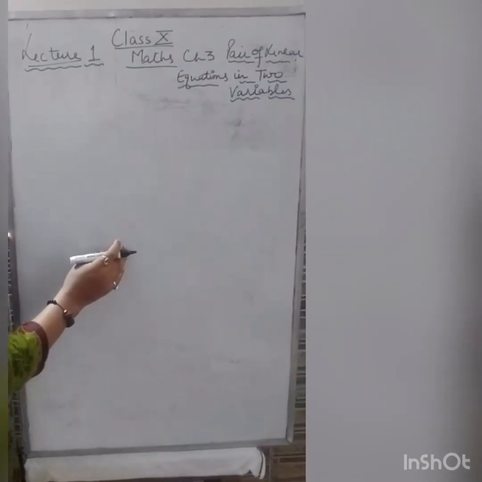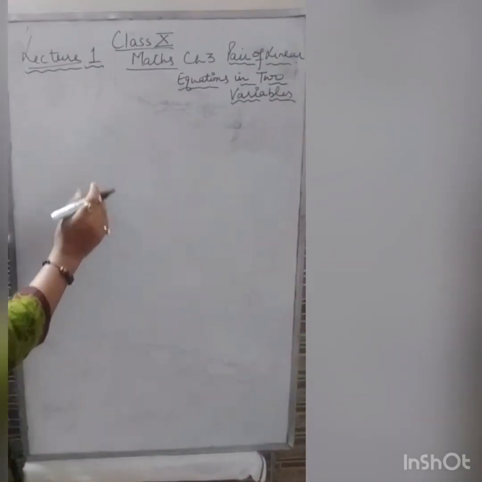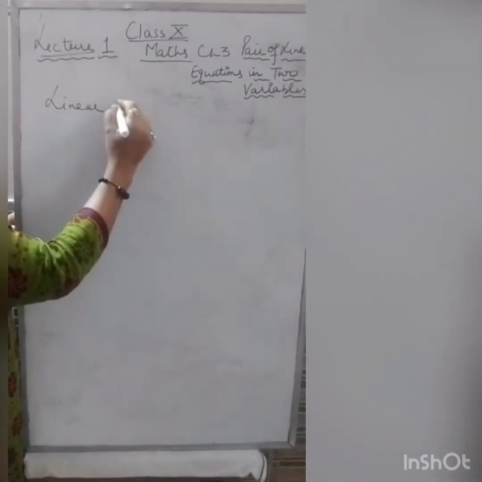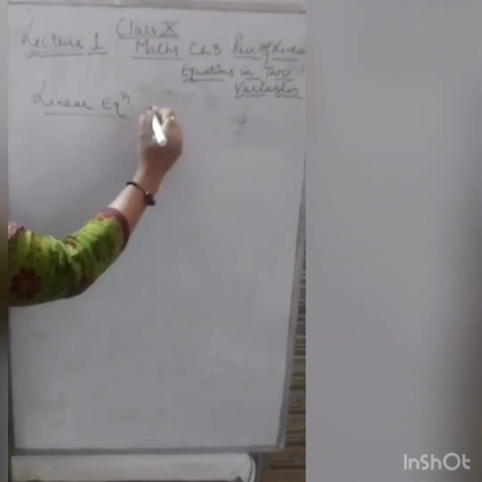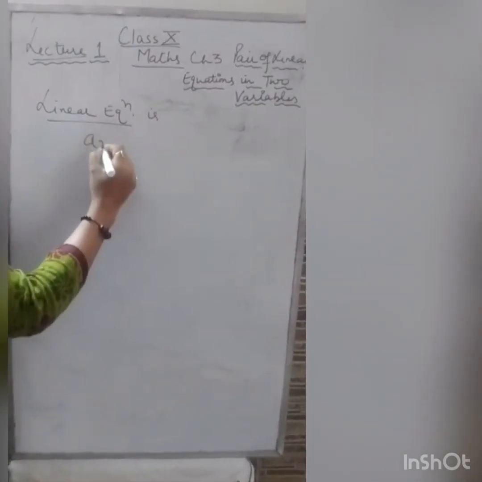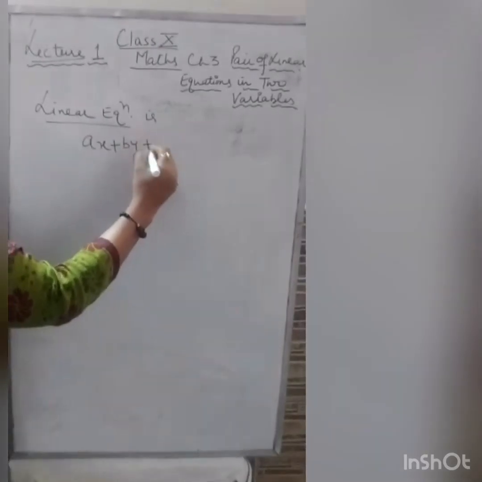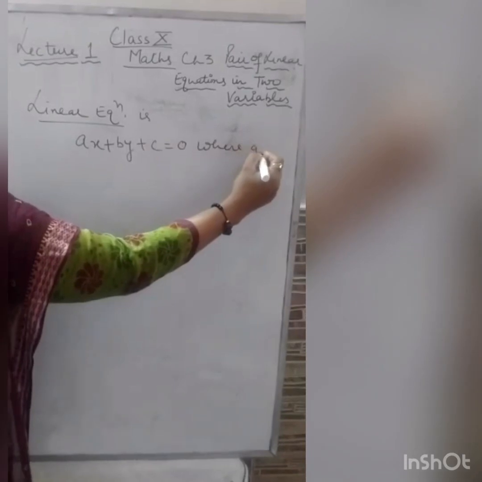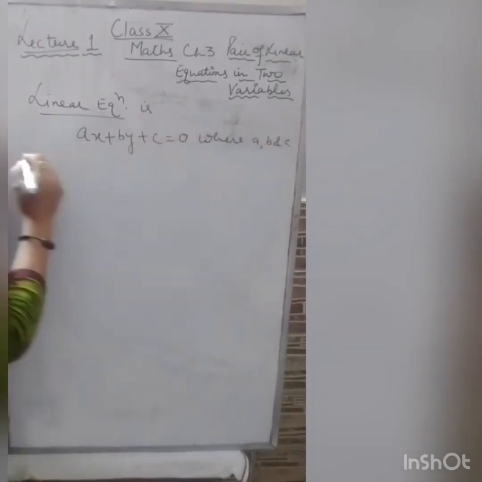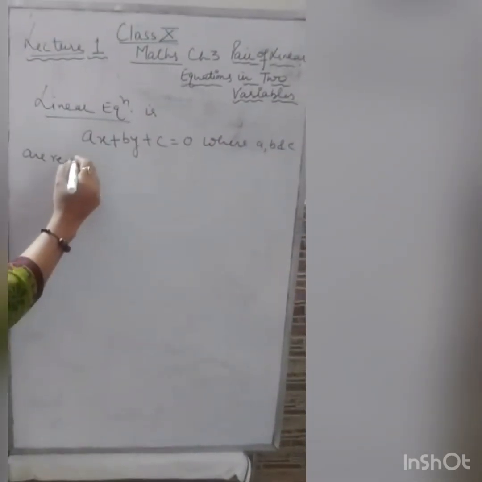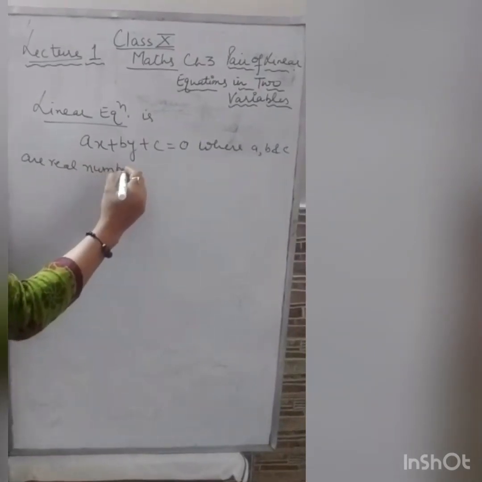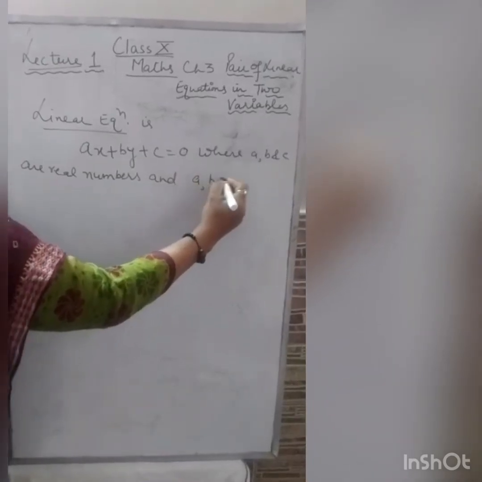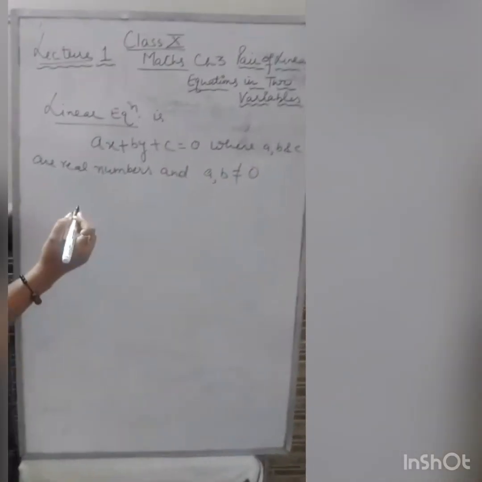Today we are going to do pair of linear equations in two variables. Now you know linear equation is of the type ax plus by plus c is equal to 0, where a, b and c are real numbers and a and b not equal to 0.